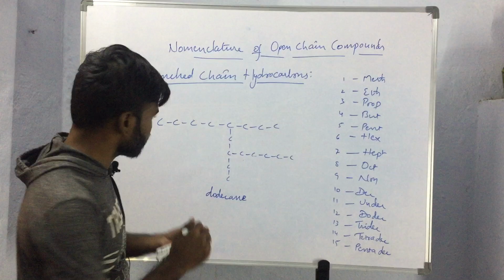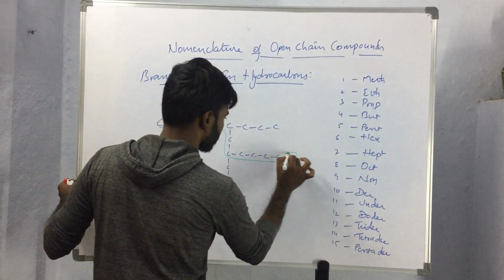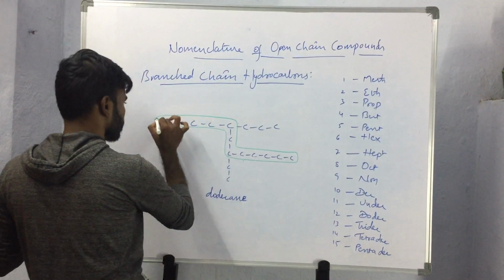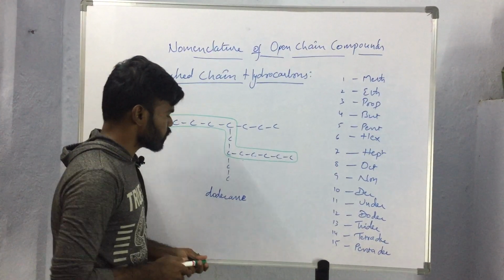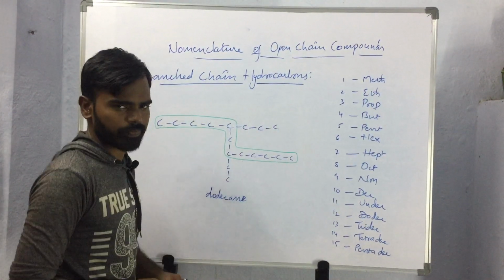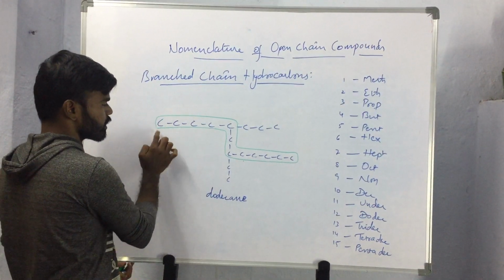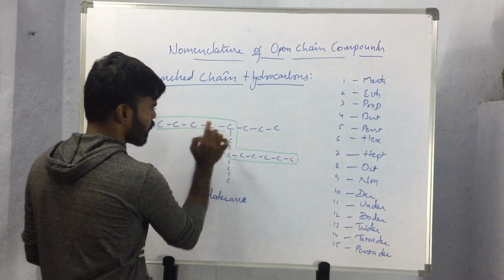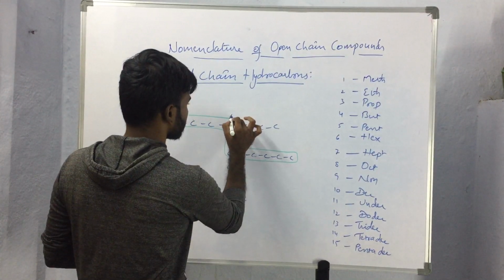See, we are considering this as the longest possible continuous chain. On this chain we have two substituents. Let us start numbering. If we start numbering from this direction, 1 2 3 4 5, the fifth carbon atom will have the substituent.